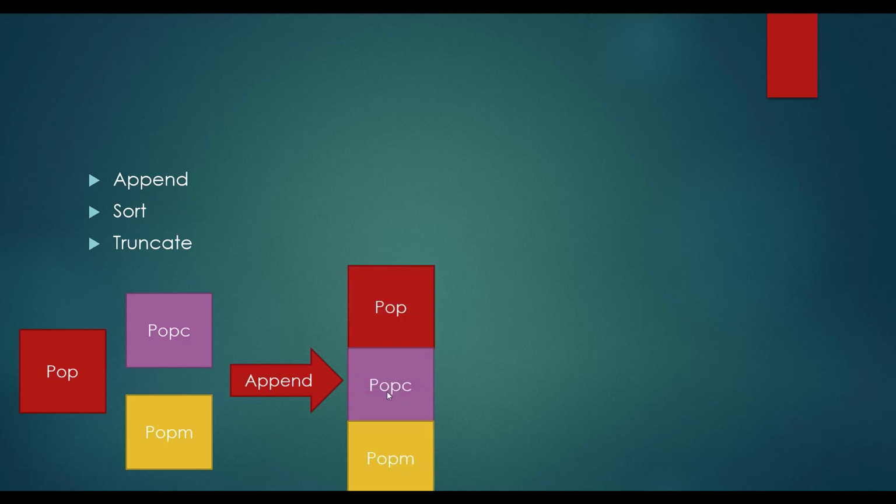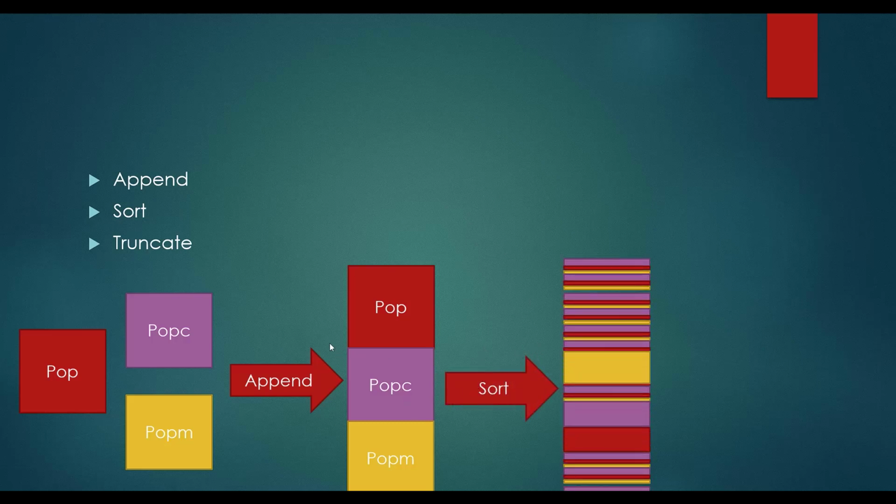So we have a pop C and pop M. Just bear in mind that pop C has 2 columns, so we have to convert it to 1 column, and then we have to sort that. As you can see, maybe the best position is from the pop or pop C or pop M. So we have to select the best pops with the n pop size, and the other pops we just delete.